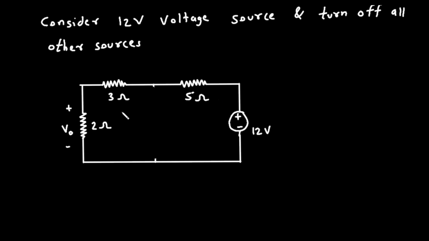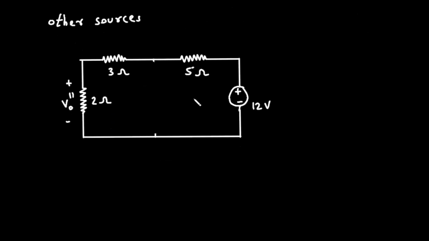Now here we have to find the voltage across this 2 ohm resistor. And since we are considering the 12 volt voltage source, this will be VO double prime this time. Now let's say the current through this is I3, or whatever we can consider. We will find the value of this I3 first.